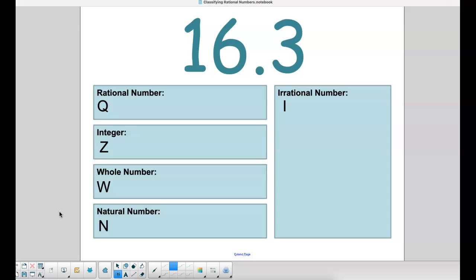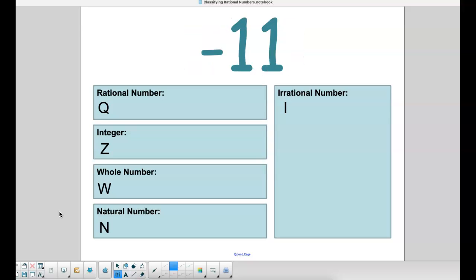16.3, where would you put that? Place that in all the categories you think it belongs. Okay, next one. -11.